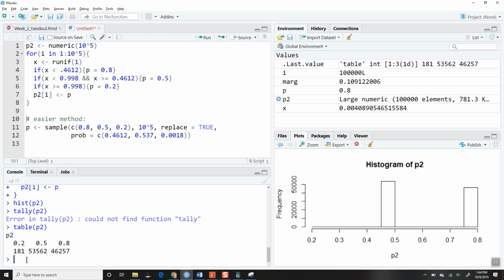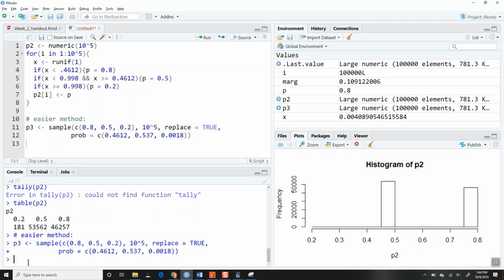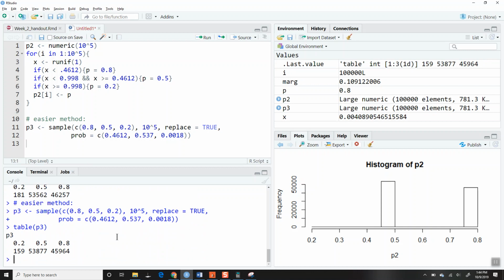Okay, no, that looks about right. Okay, so we got that for there, and then let me just call this P3. And if I do table P3, we're getting something similar. Okay, so that's good.